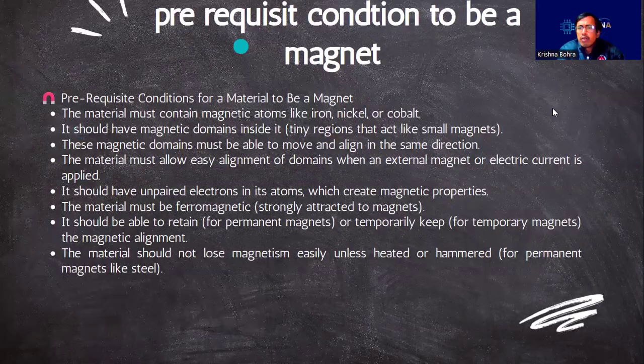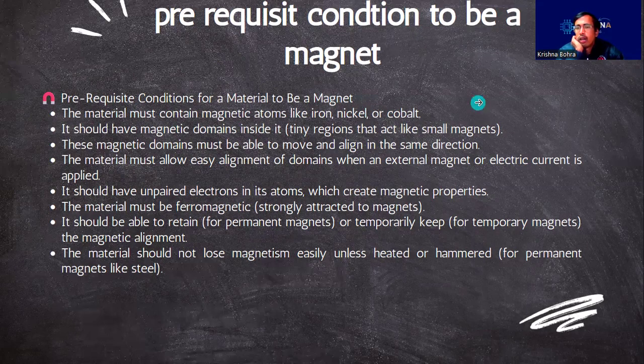So let's understand the prerequisite conditions for any substance to be a magnet. Any substance must be material, and everything is material, and it must have atoms. Every substance has atoms. Atoms have electrons. This is true for all substances, and better if the electrons are unpaired.